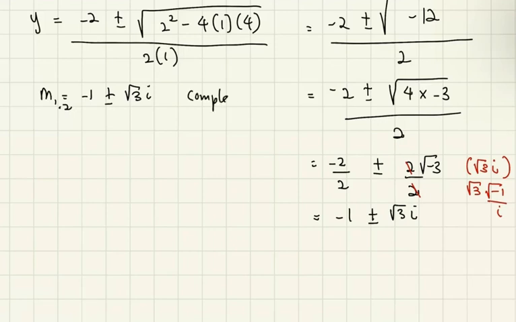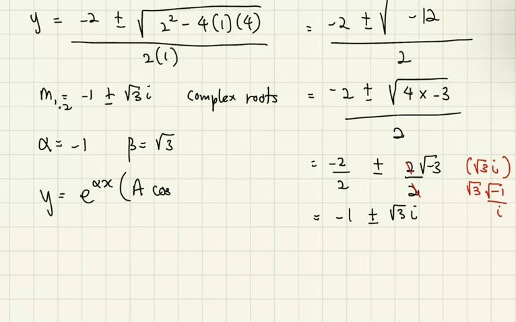So you have the case of complex root. For complex root, identify alpha. Alpha is the real part, so alpha is minus 1. Beta is the imaginary part, so our imaginary part is square root 3. So write the solution. The solution will be exponent alpha x, a cos beta x plus b sine beta x.